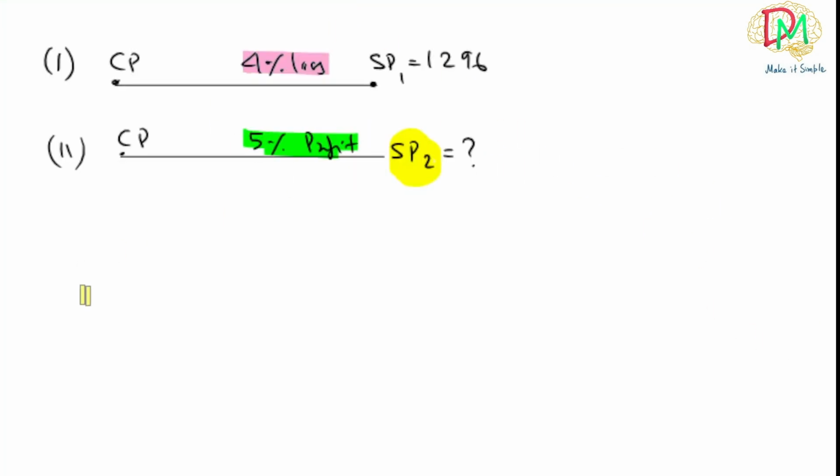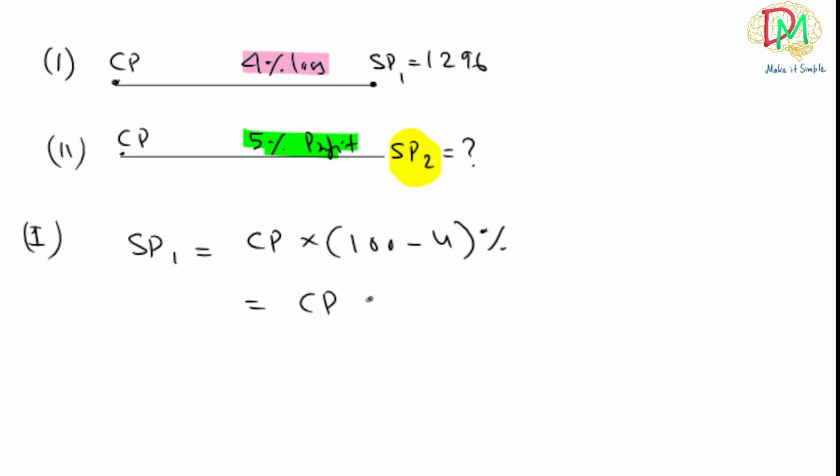All this data is given. Now from case 1, you can find SP1 is equal to CP into, you know the shortcut, when there is a loss you have to deduct the loss percentage, so we get CP into 96%.